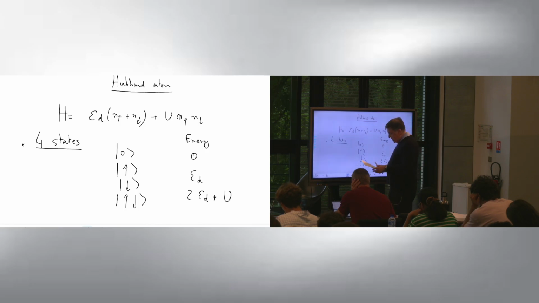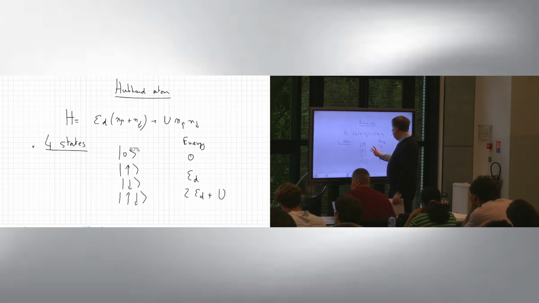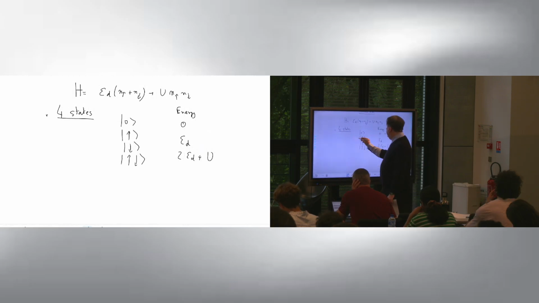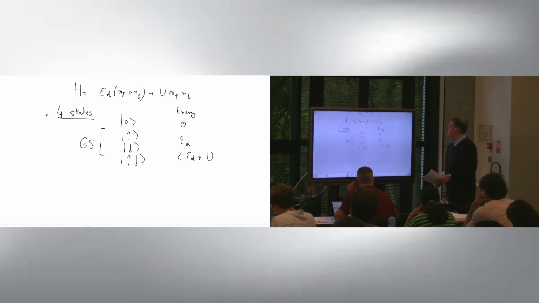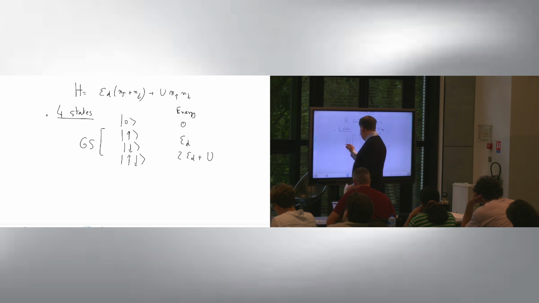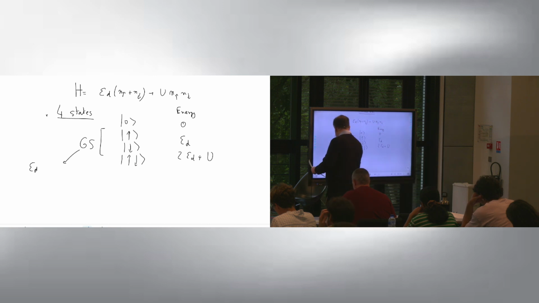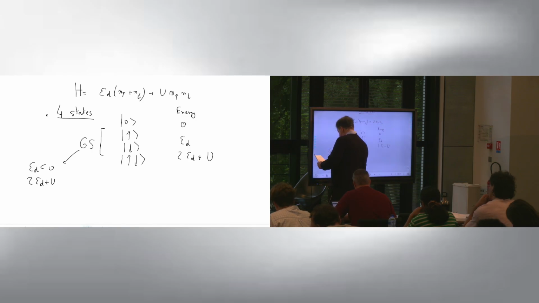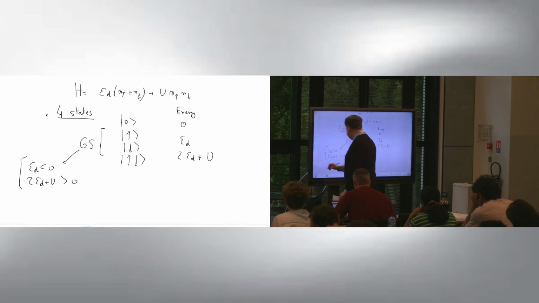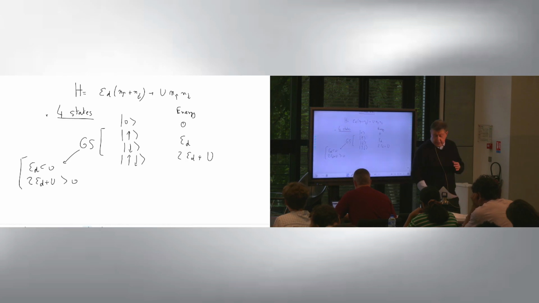So in the regime where the ground state is this manifold, an electron up and an electron down, which corresponds to, if you look at it in a regime where epsilon_d is negative and 2 epsilon_d plus U is positive, that's called the local moment regime in an impurity.